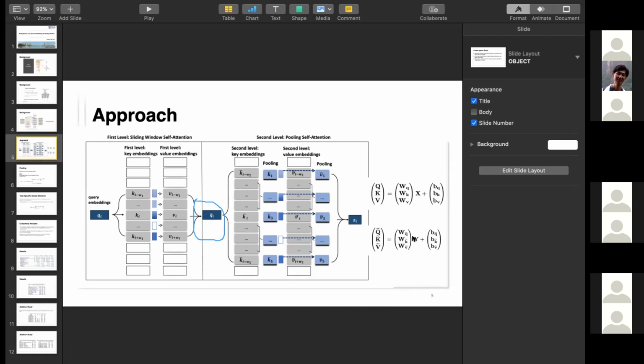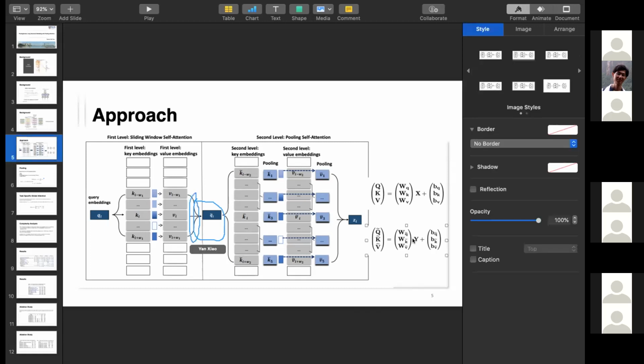We can denote it as Y. So the output here is Y. Then what's the relation between Y and Q hat? I think Q hat is derived from Y. Y goes through a nonlinear projection, which is shown here, to generate Q tilde, to generate QKV in the second level.